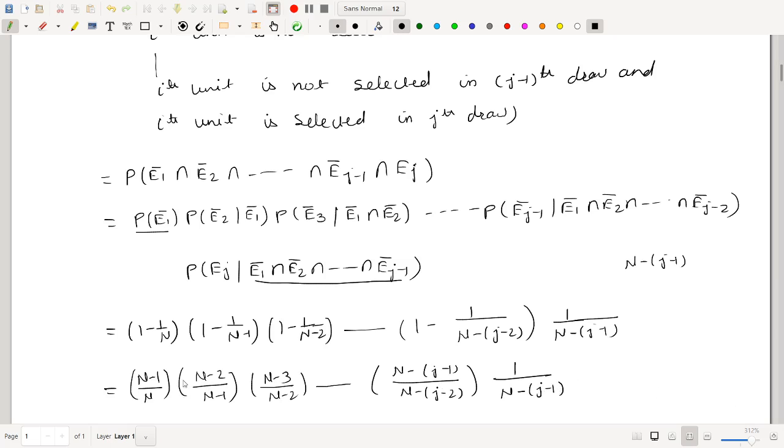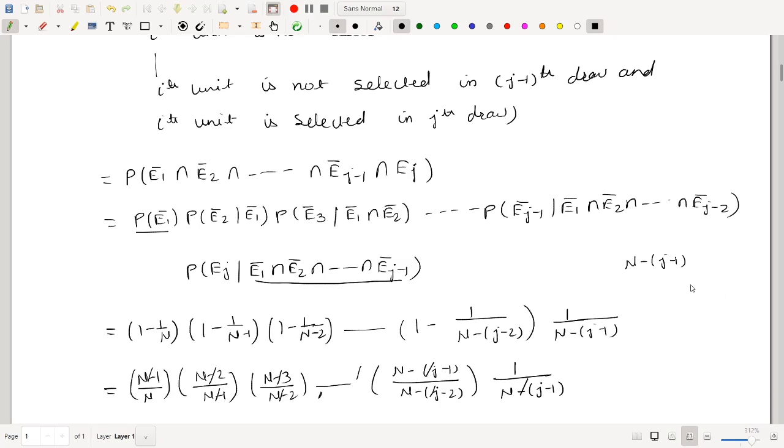Now look at here. Here n minus 1 will get cancelled with this n minus 1, n minus 2 will get cancelled with this n minus 2, n minus 3 will get cancelled with here, there will be n minus 3. Here n minus j minus 2 will get cancelled with this one. Here n minus j minus 1 will get cancelled with this one.